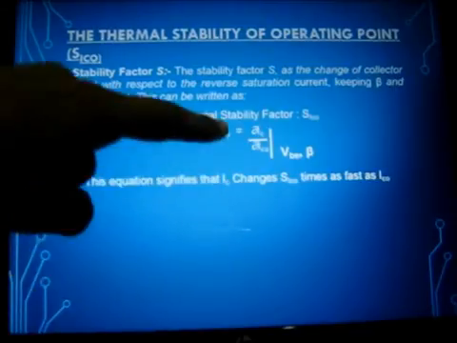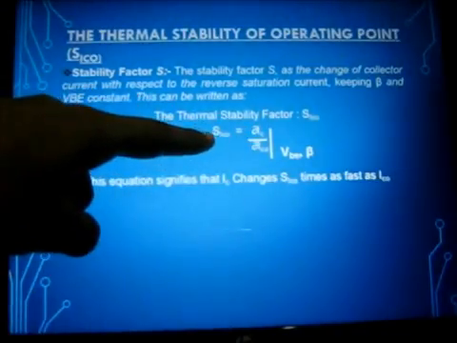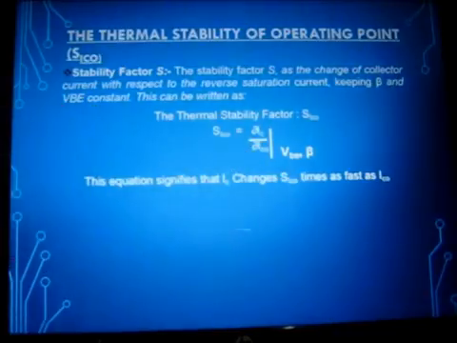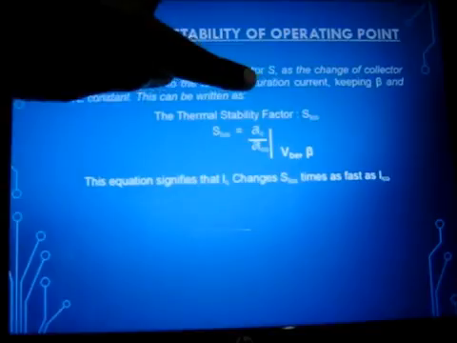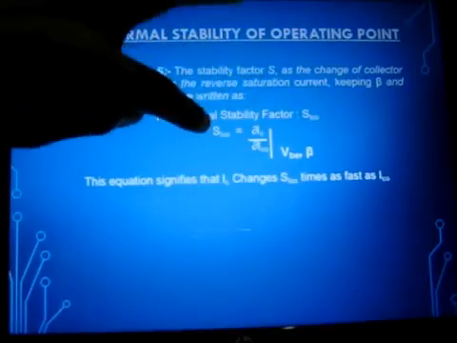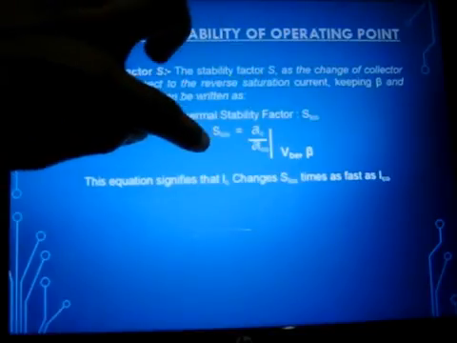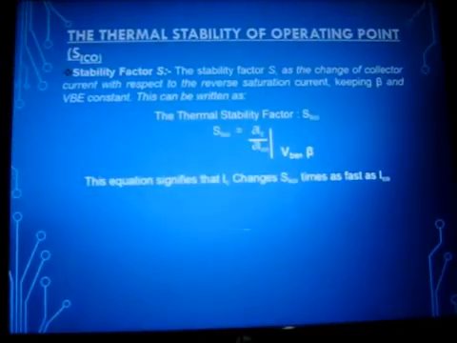Means dou IC equals S multiplied with dou ICO, so the numerator changes that many times as fast as ICO when VBE and beta are constant.